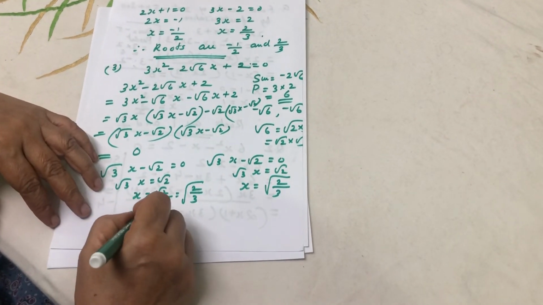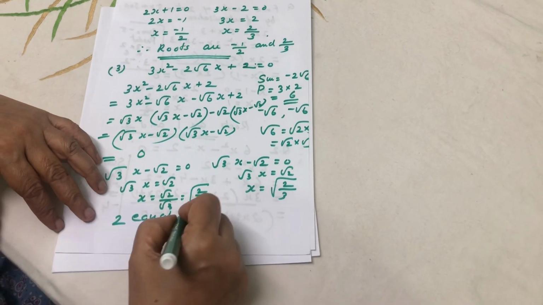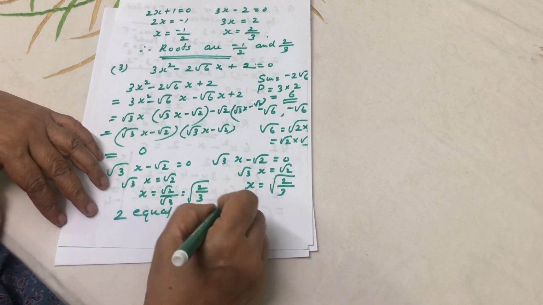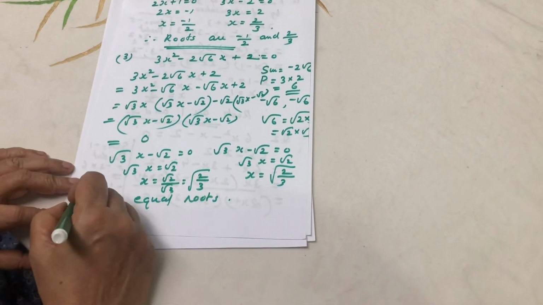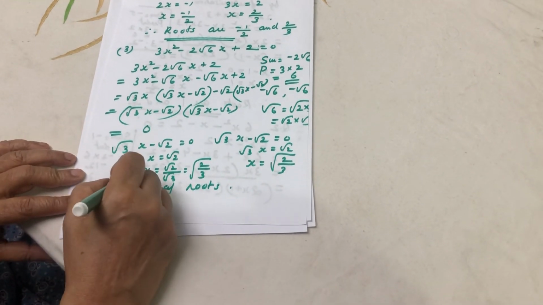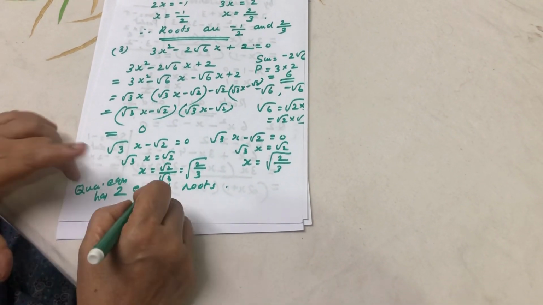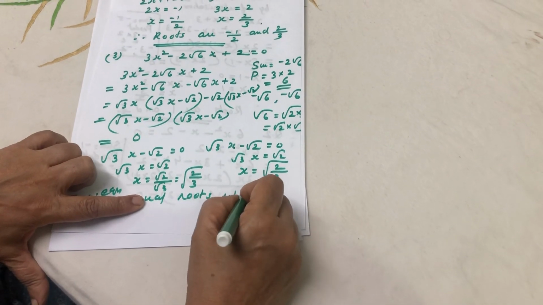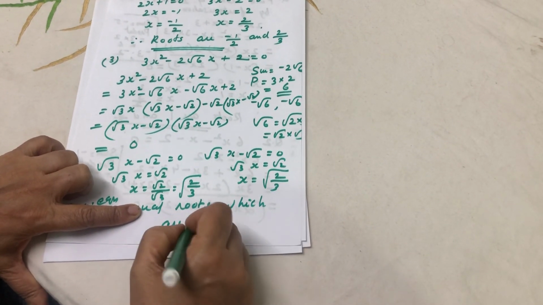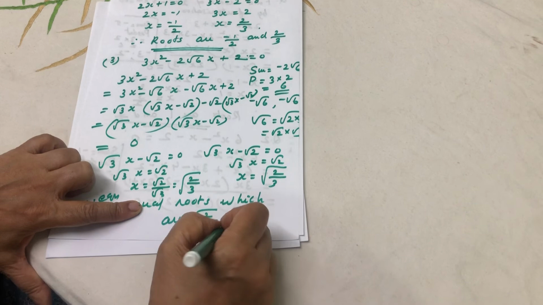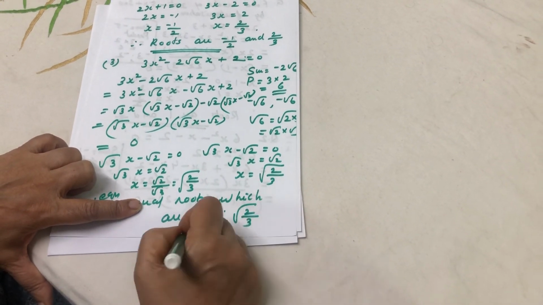So you are getting 2 equal roots. So this quadratic equation has 2 equal roots, which are root of 2 by 3 and root of 2 by 3.